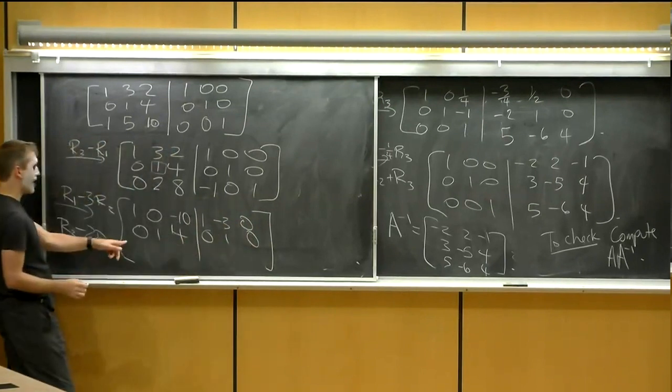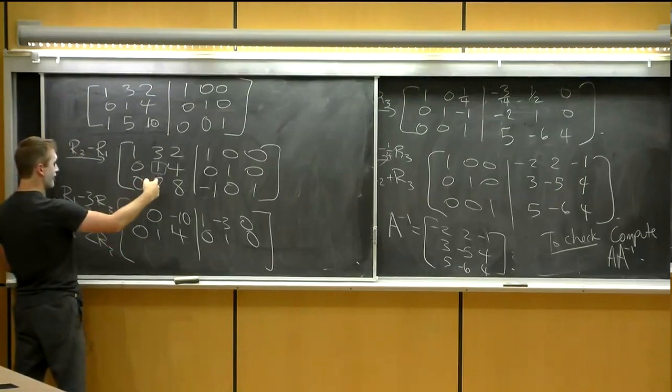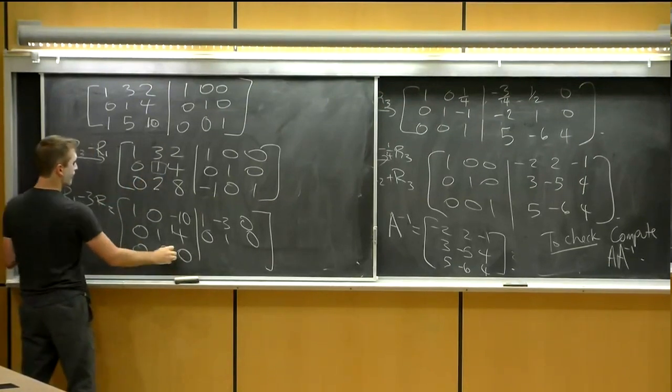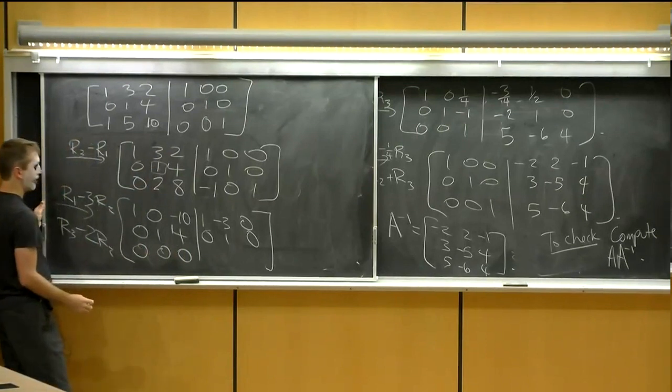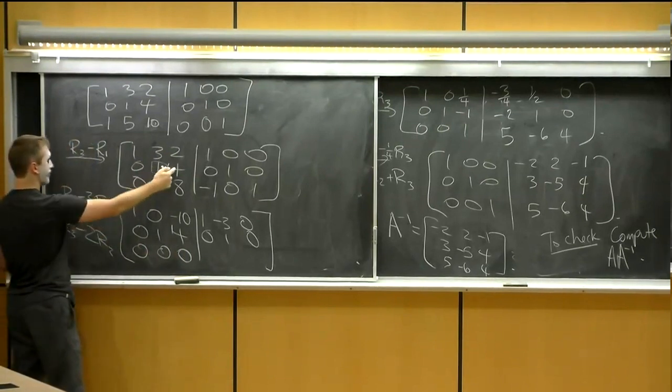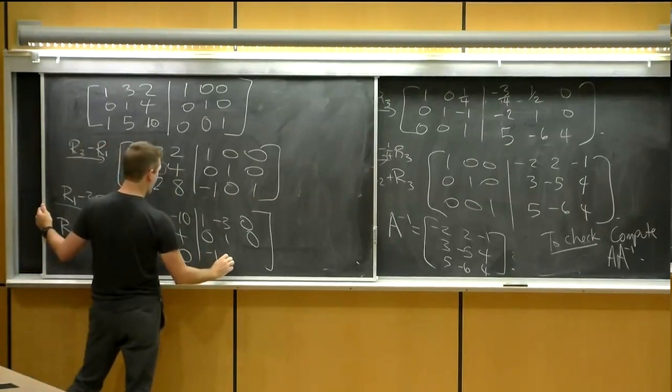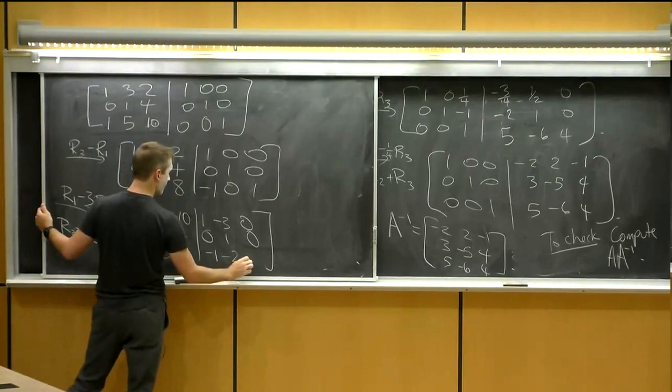But then on the last row, we can see what happens when I subtract 2 times the second row. I get 0, 0, 0, right, because those disappear. And then I get negative 1, minus 2, 1.